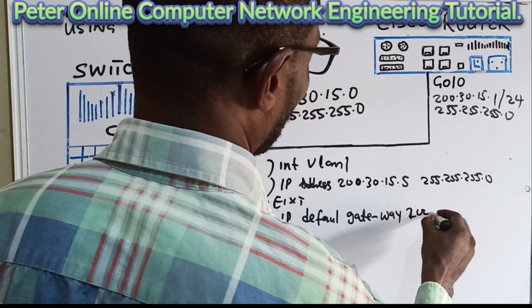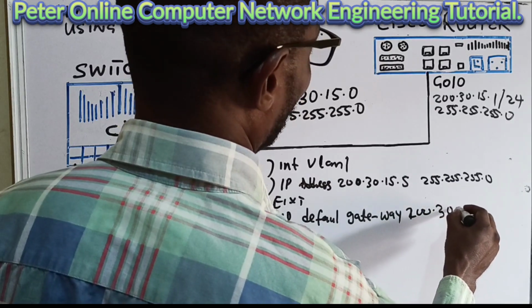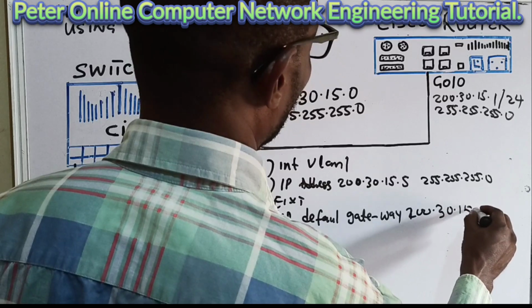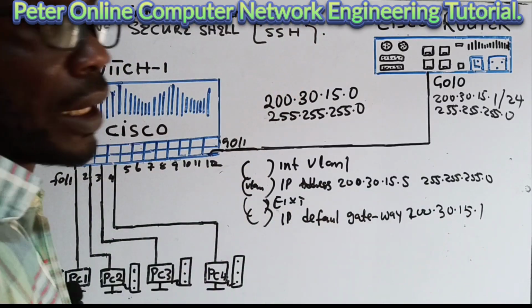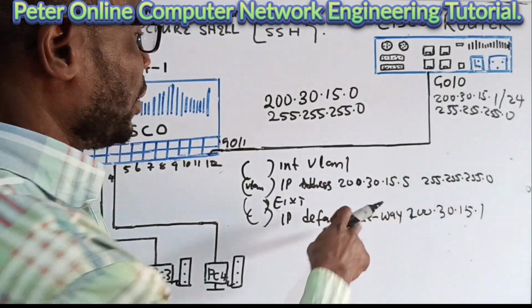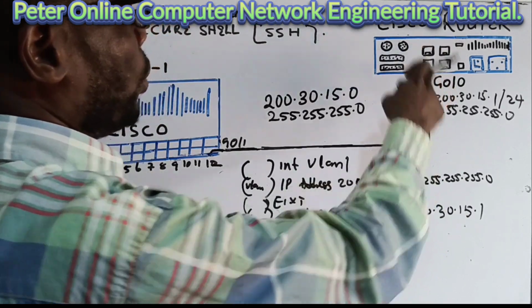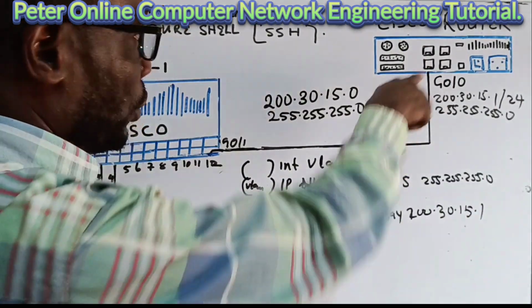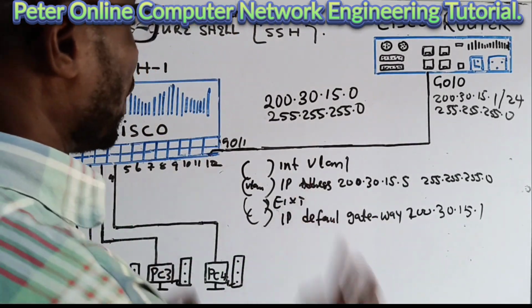It's just like giving a computer a default gateway address. This is the way to give the switch its own default gateway, so that when they are logging into the switch from the internet, it's going to use this as the gateway to the internet through the router. You hit enter.